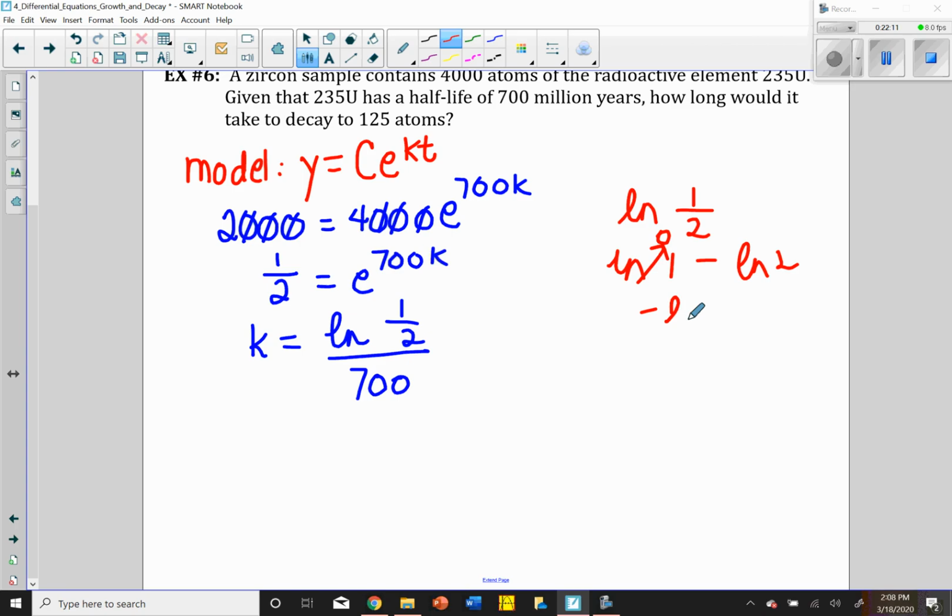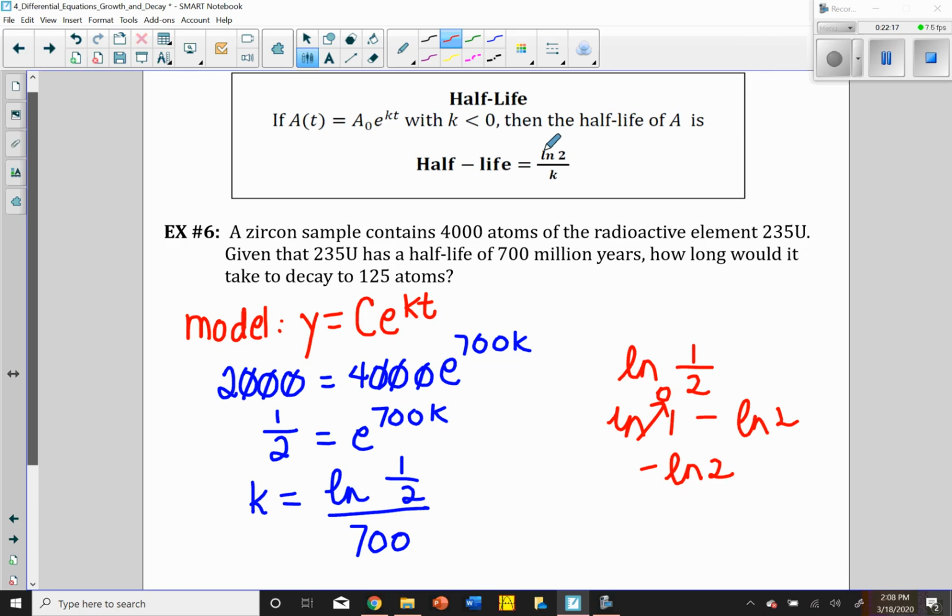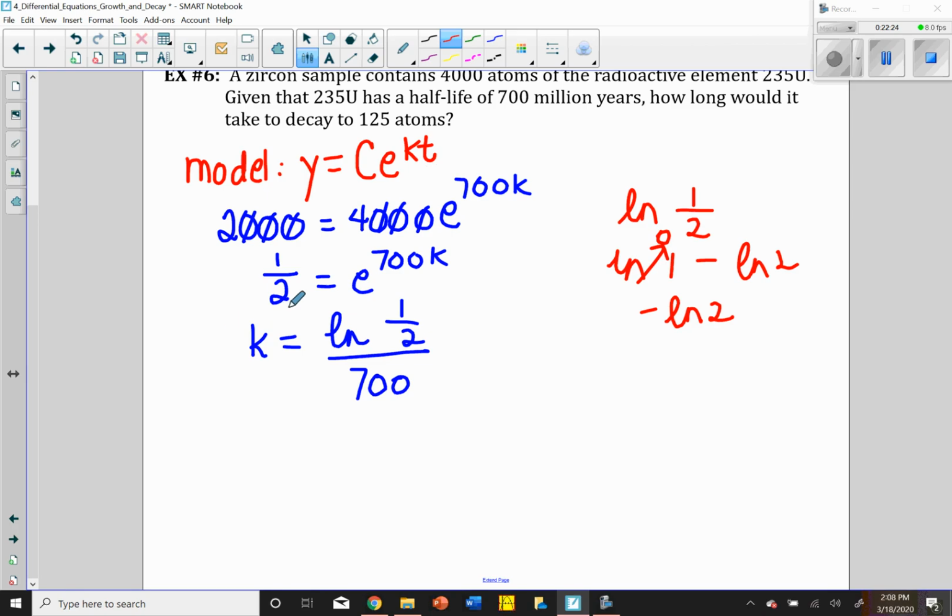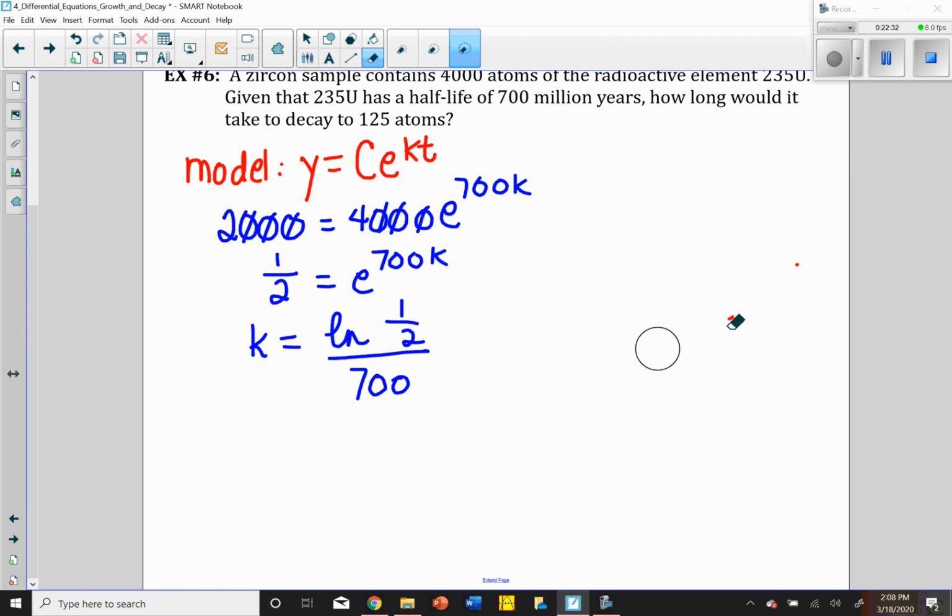So you have negative natural log 2 over that 700, which matches that formula. Natural log of 2 divided by your k, which will be your 700.